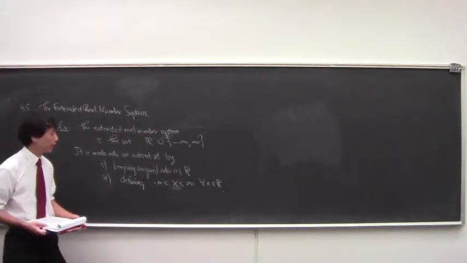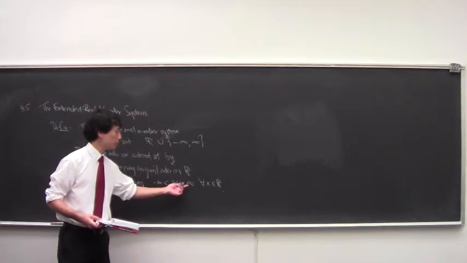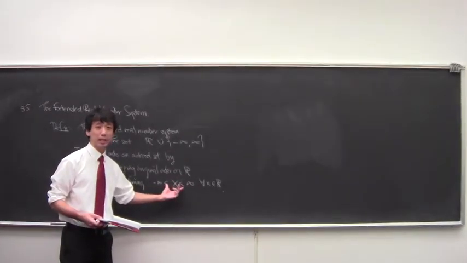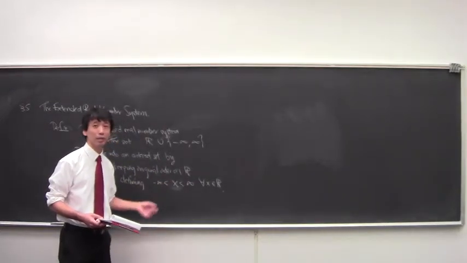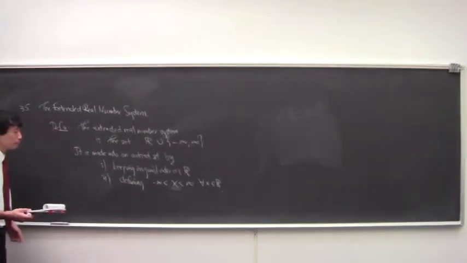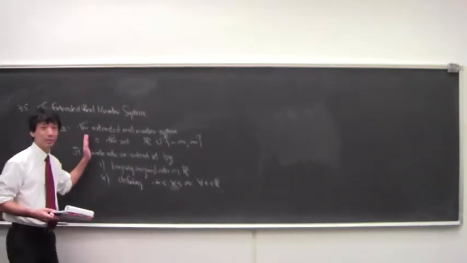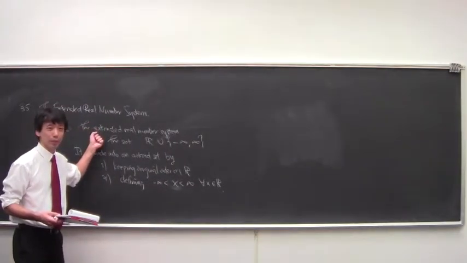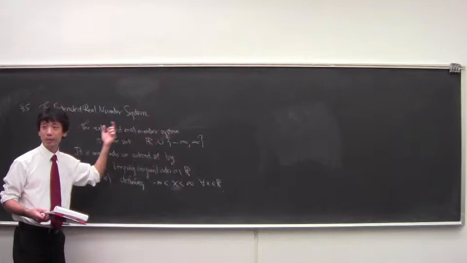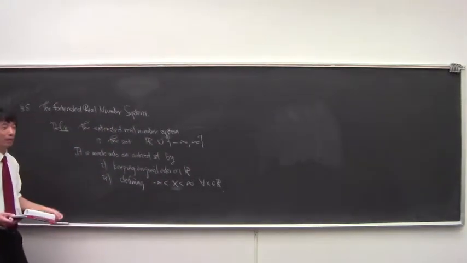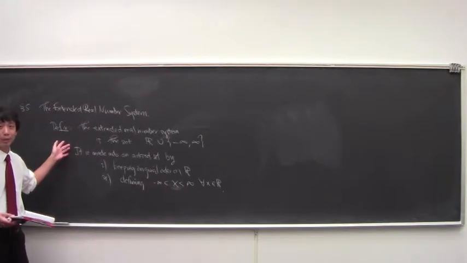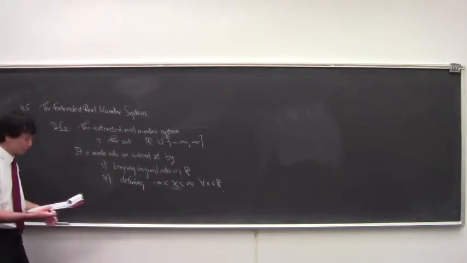You need to extend the order. You just say that infinity is bigger than everybody else, and negative infinity is smaller than everybody else. That's basically it. There are the real numbers, you throw in these two symbols, and that's how you throw infinity into the reals.